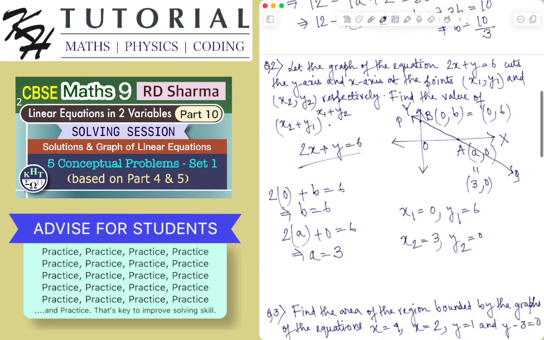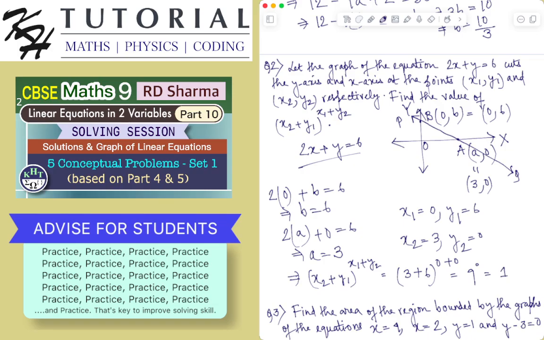So now we know x1, y1, x2, y2, we can easily find the value of the given expression. This implies (x2 + y1) to the power (x1 + y2). x2 is 3, y1 is 6, and x1 is 0 and y2 is also 0. So this is equal to 9 to the power 0, which is 1.